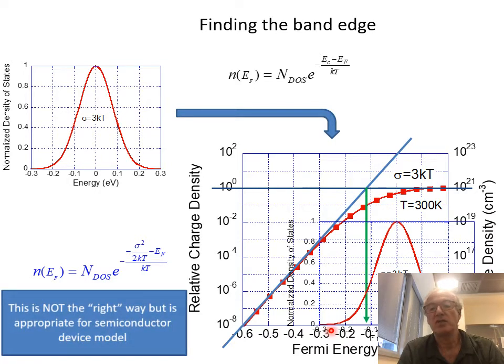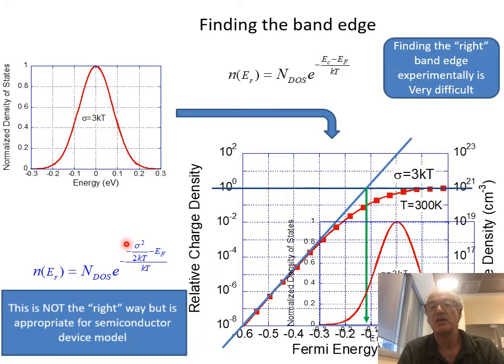It is important to remember, just as I said before, this is not the right way. This is the way we chose because I believe it is the most appropriate one when we are thinking of semiconductor device models, simply because in most models this is what is being used, the Boltzmann approximation.